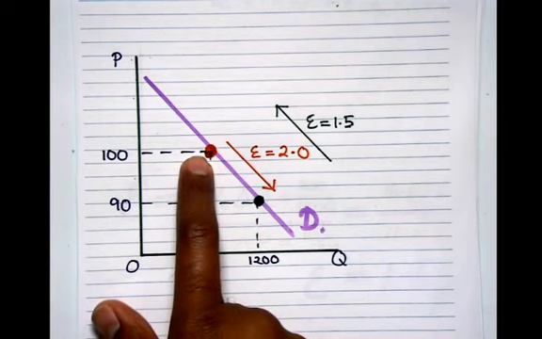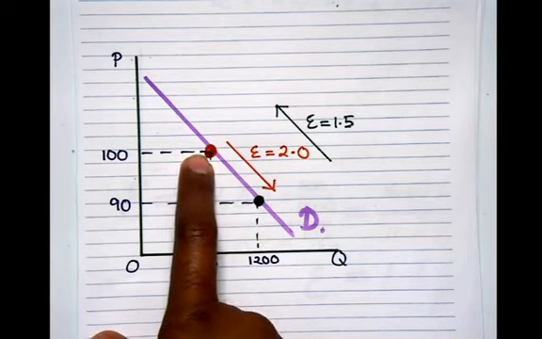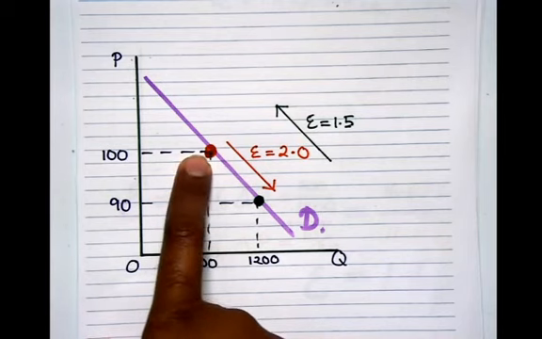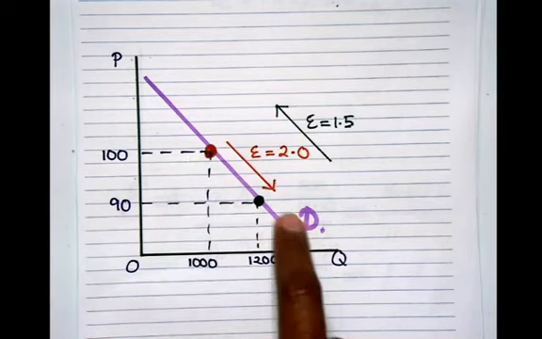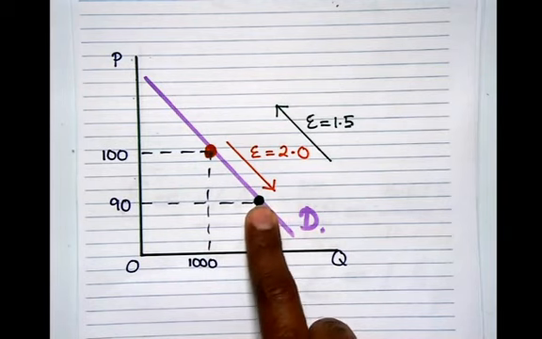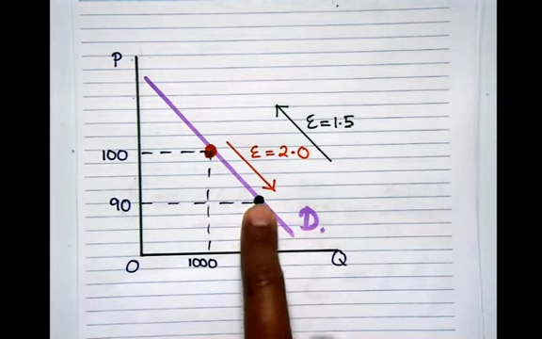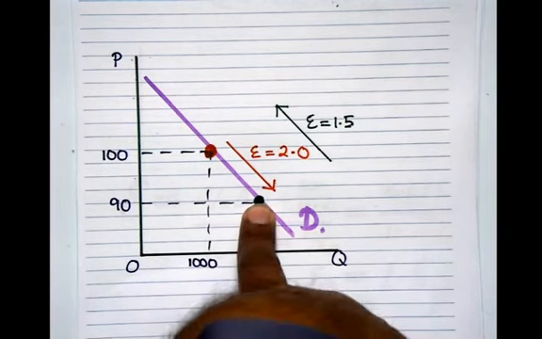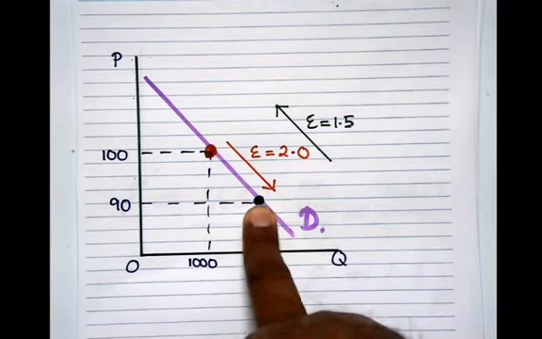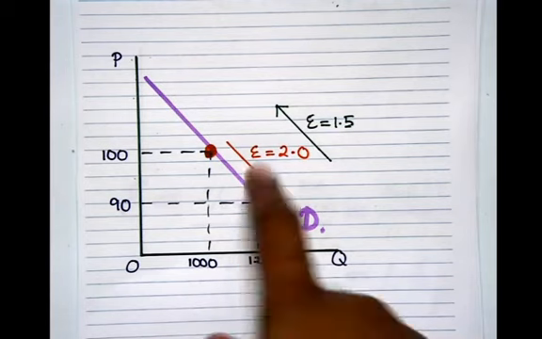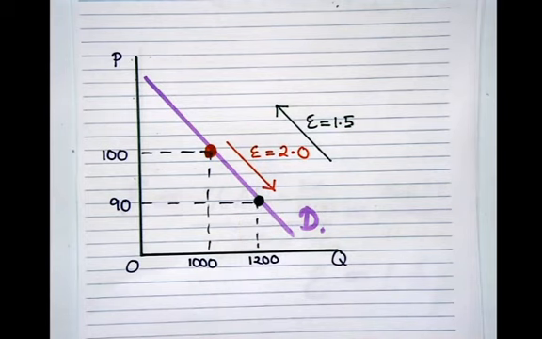So the price has changed by $10, so that's a 10% change in price compared to 100. But if we start at 90, that's a $10 change compared to $90, which is 11.11%. So we do not get the same answer for a price increase compared to a price decrease.